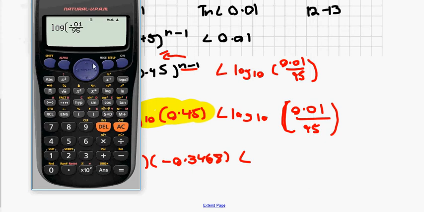Let's see if this one's negative as well. Minus 0.3978. So minus.